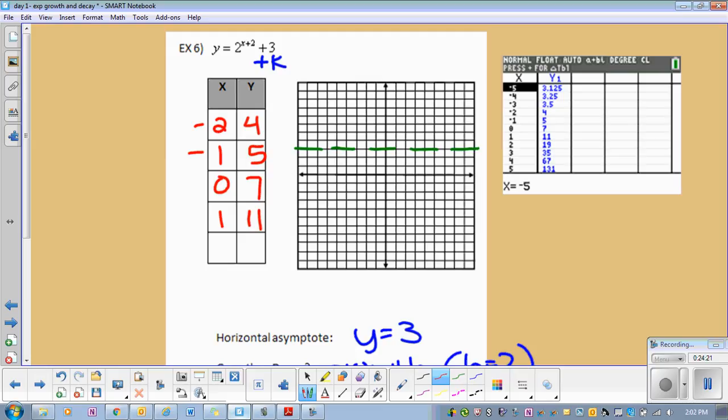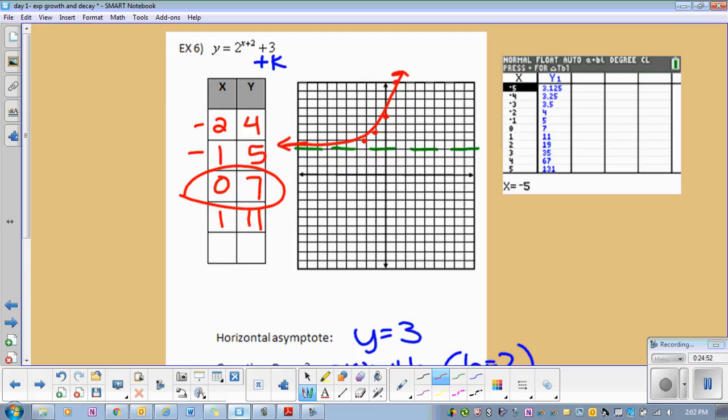I'm not going to do 2, 19, because it's too far off. There we go. And I know that this is going to be close to the asymptote. Did you guys all get this? Good. And of course, right there, that's my y-intercept, right? Perfect. Any questions?